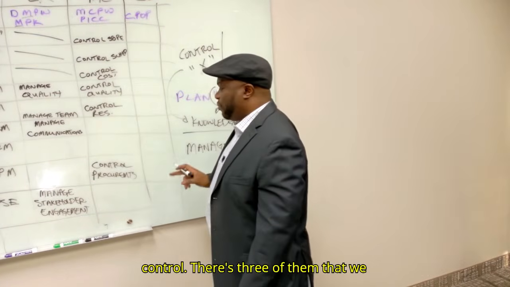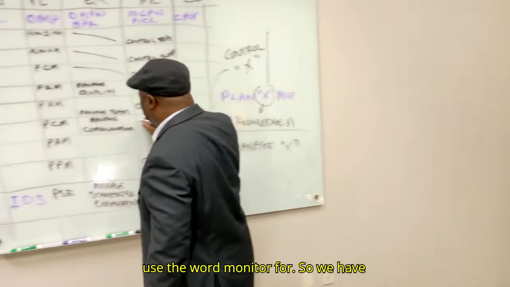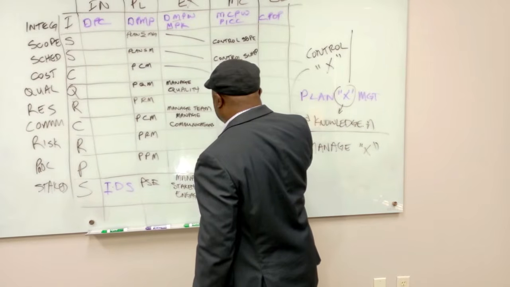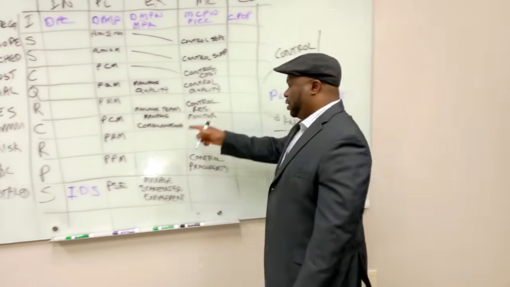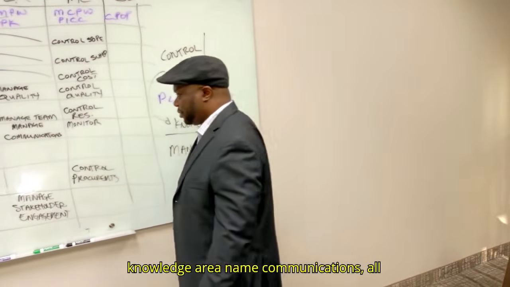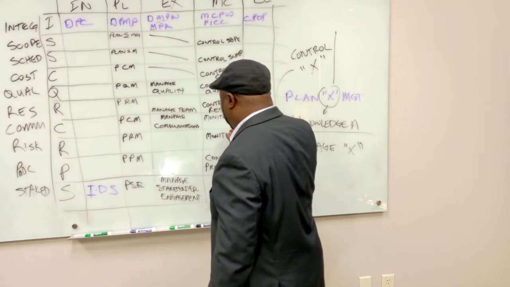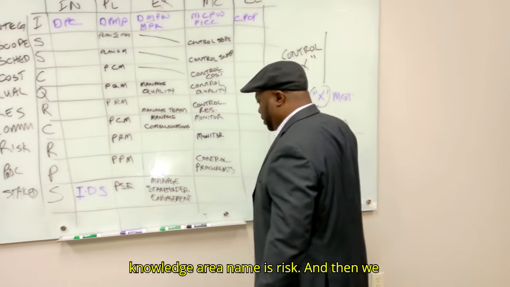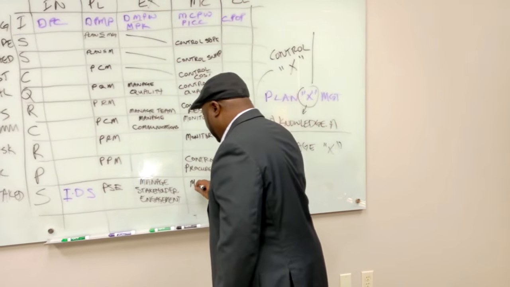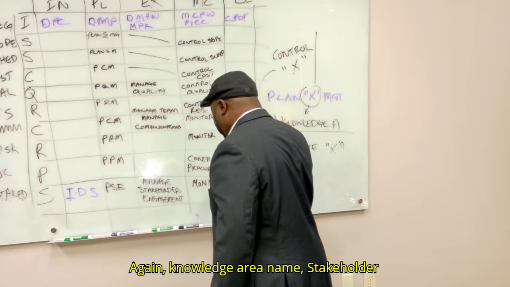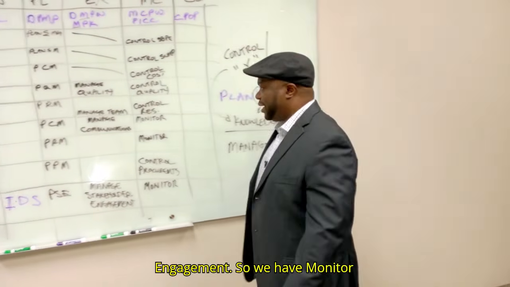There's 3 of them that we use the word monitor for. So we have monitor, knowledge area name communications, right? We have monitor, knowledge area name is risk, and then we have monitor, again, knowledge area name, stakeholder engagement.